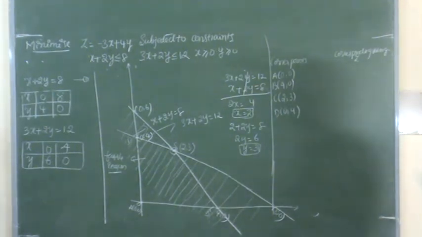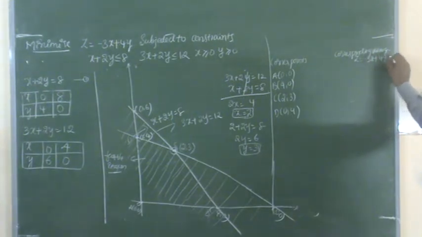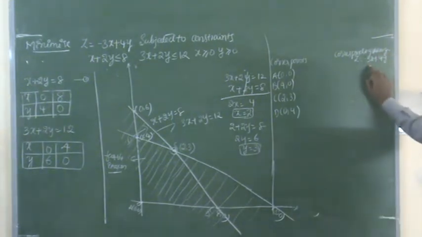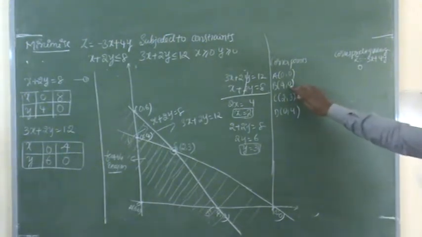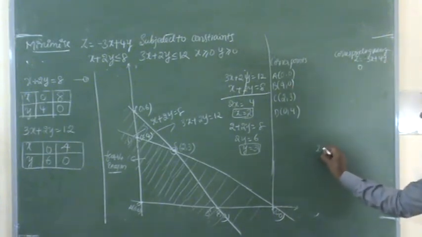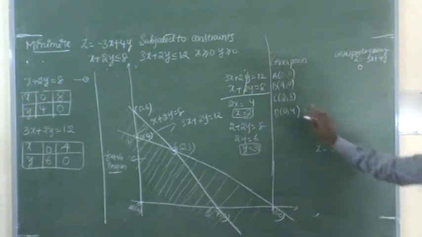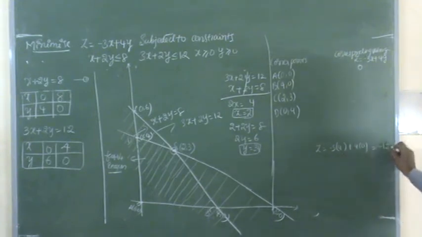For 0, 0, z is equal to minus 3x plus 4y. Putting 0 for x and y, z is 0 at point A. For the second point, 4, 0, z is equal to minus 3 times 4 plus 4 times 0, which is equal to minus 12.